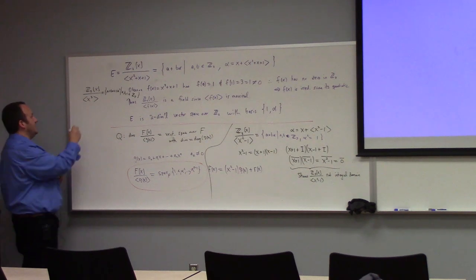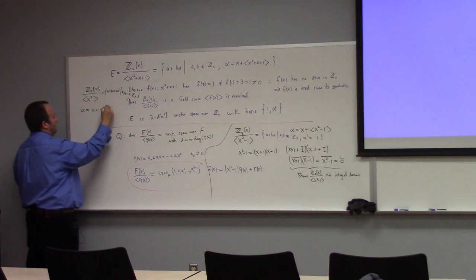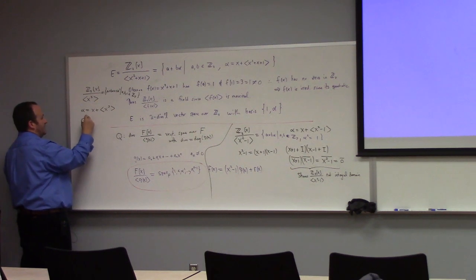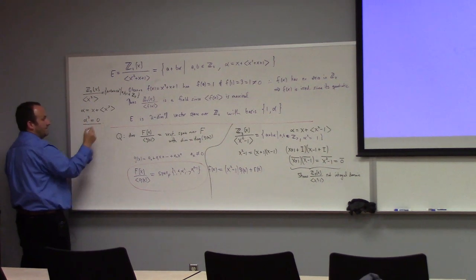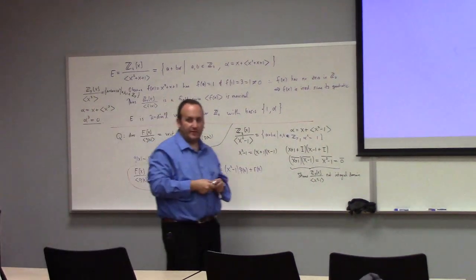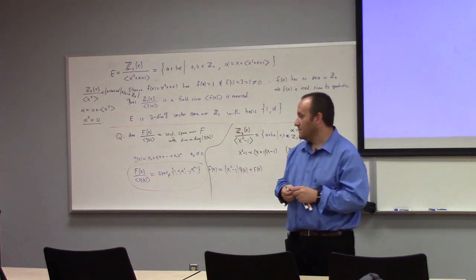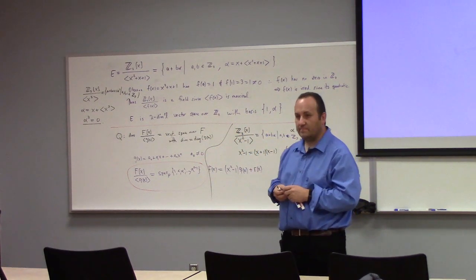And what the rule would be is alpha is equal to x plus this, right? And you work out the rule that x alpha cubed is 0. So that would be the calculational guide in that factor ring. Alpha cubed would be 0.